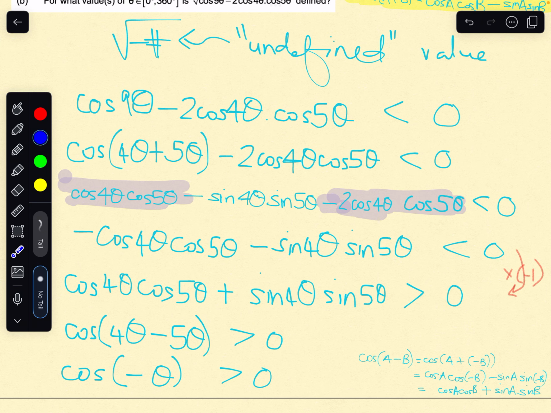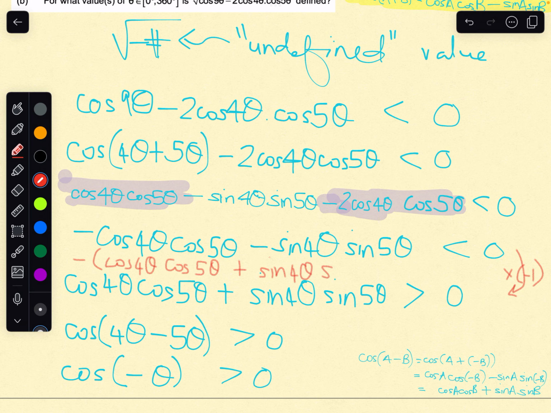Yes. And then the step that I didn't write out is minus cos 4 theta. So if I factor out that minus 1, then this is what I'm left with inside my brackets. And we're saying that has to be negative.